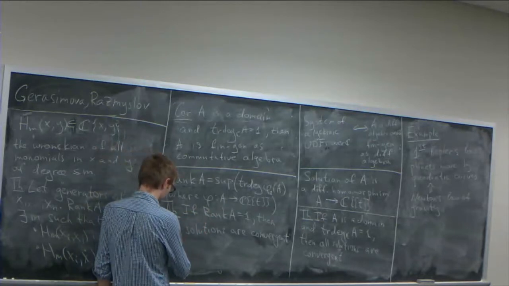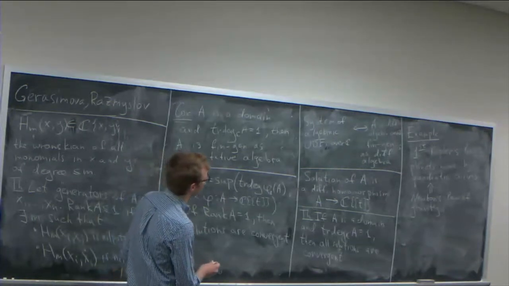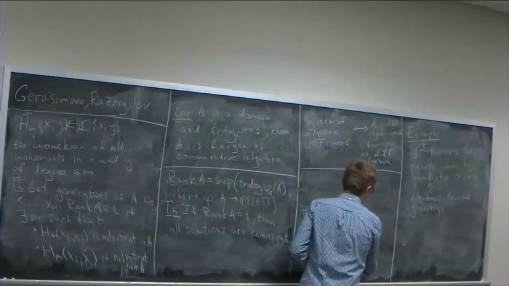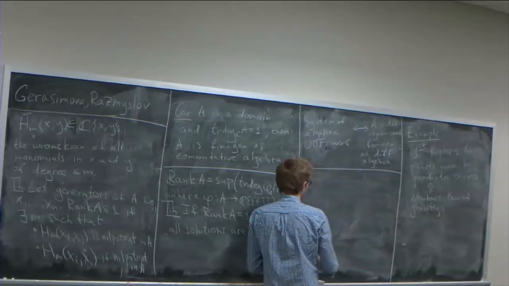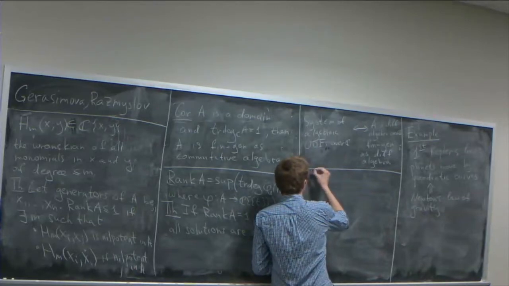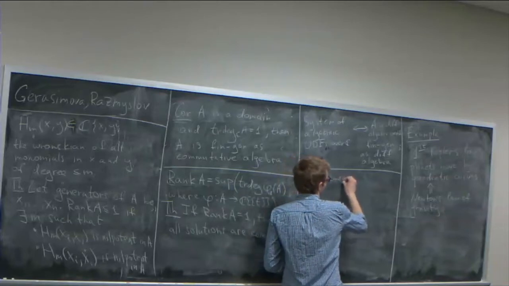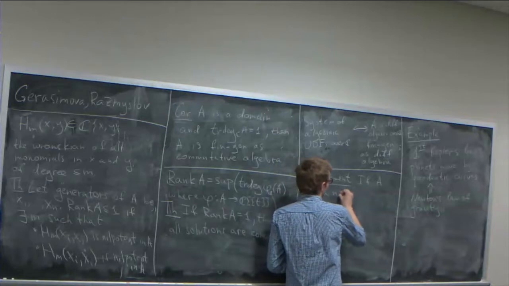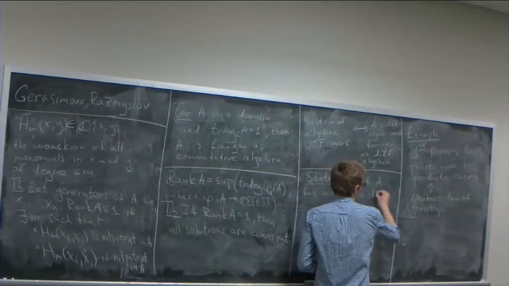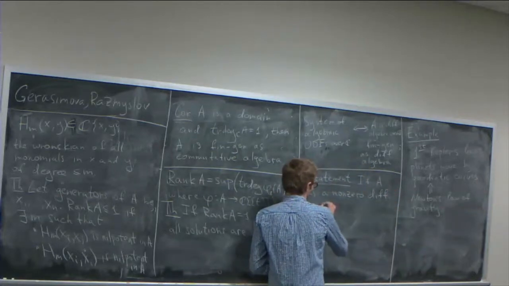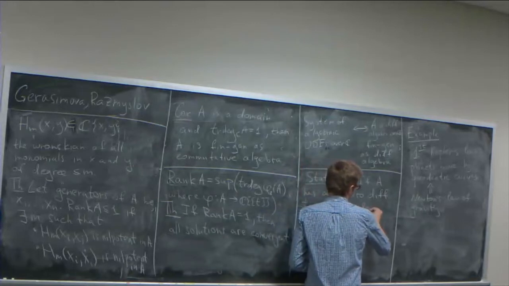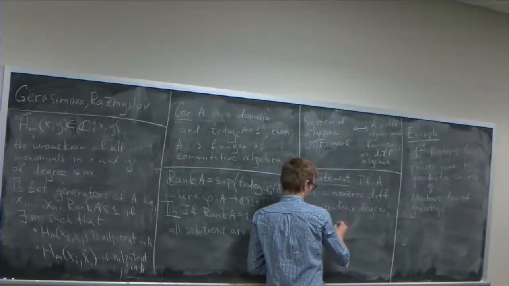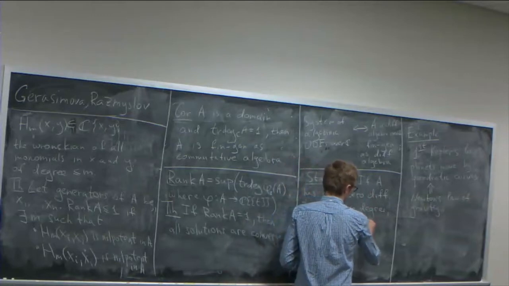One can show the statement that if A has a non-zero differential transcendence degree, then rank A will always be infinity.